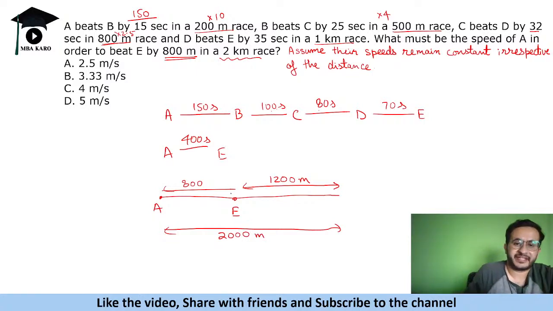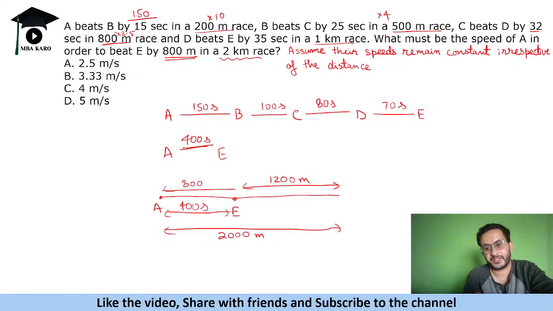Now A is beating E by 400 seconds, right? So this means E covers this in 400 seconds. E is taking 400 seconds from here to here, that is what beating by so much time. So E is taking 400 seconds for this 800 meters.